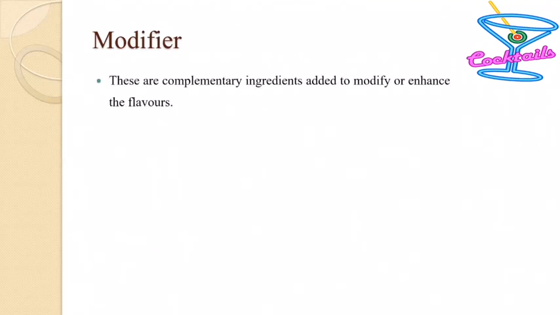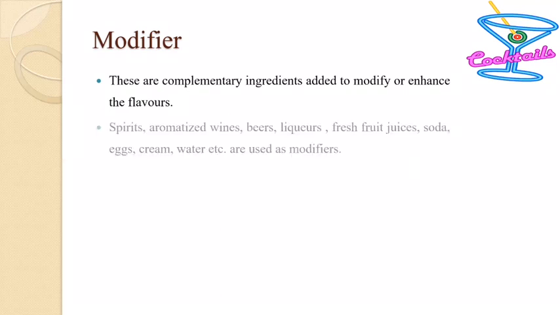Next component is the modifier. These are the complementary ingredients that modify or enhance the flavor of the cocktail. A spirit, an aromatized wine, a beer, liquor, fresh fruit juice, sodas, eggs, cream, etc. can be termed as a modifier.